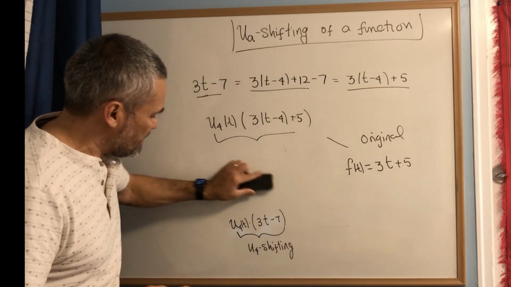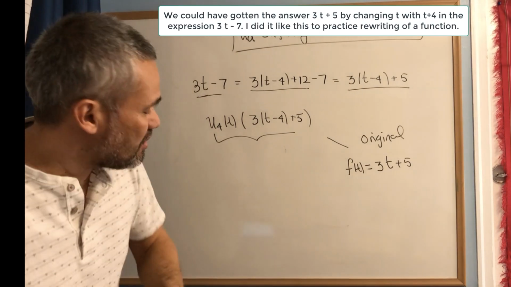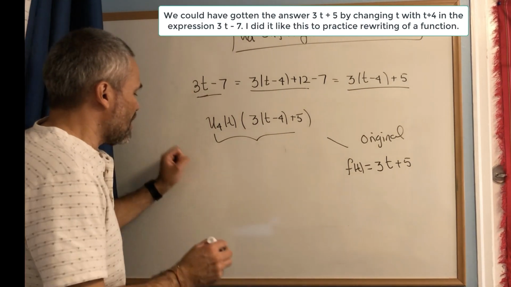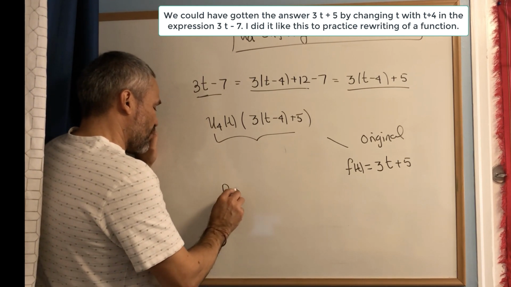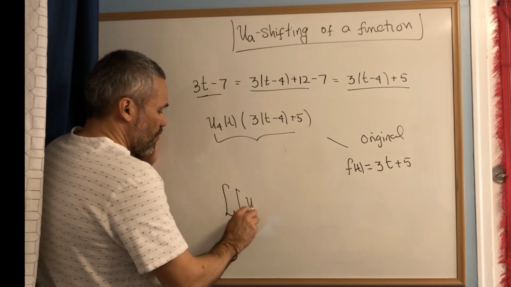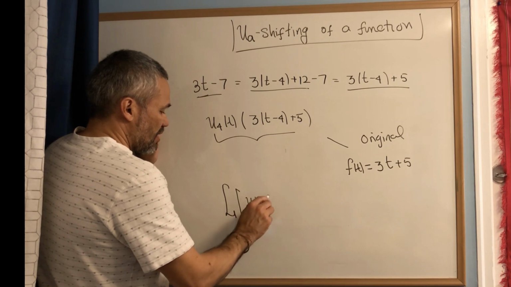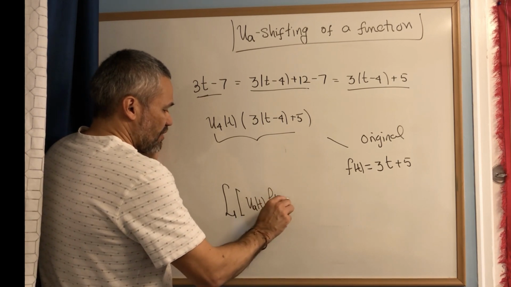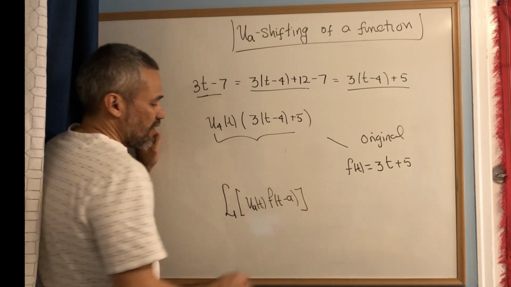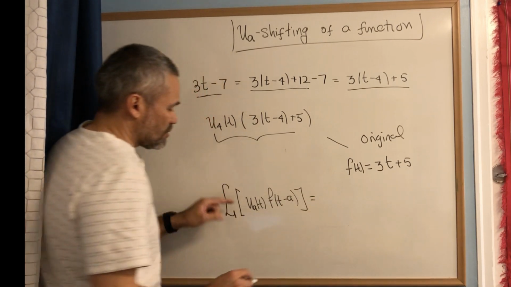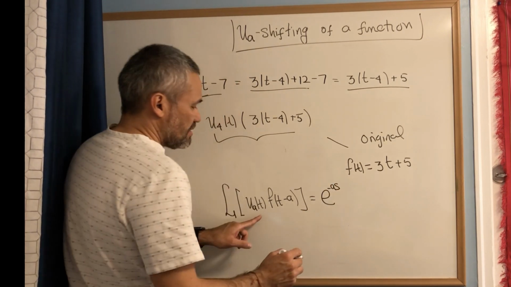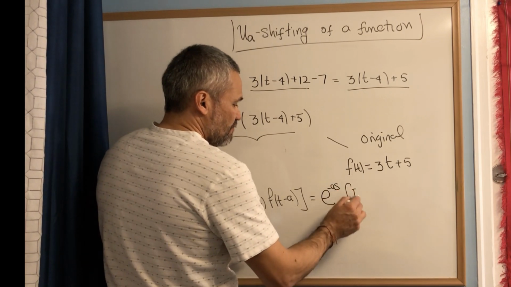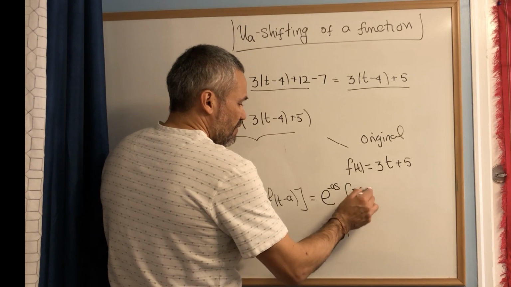Okay, all of this is going to be important because in another video I'll be showing that the Laplace transform of ua of t f of t minus a is just equal to e to the negative as times the Laplace transform of f of t.